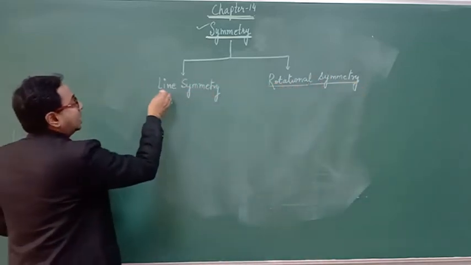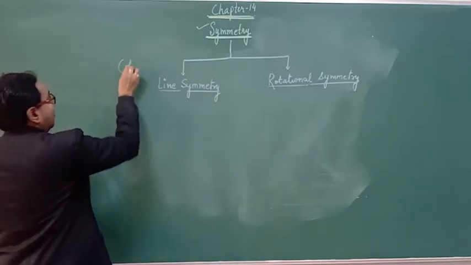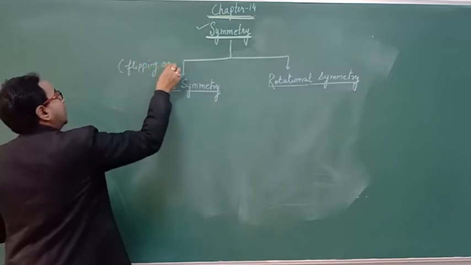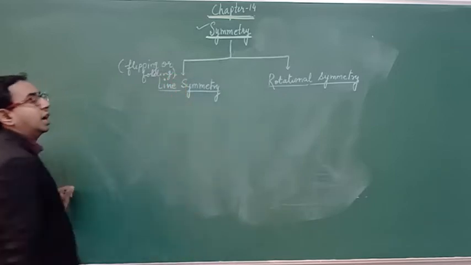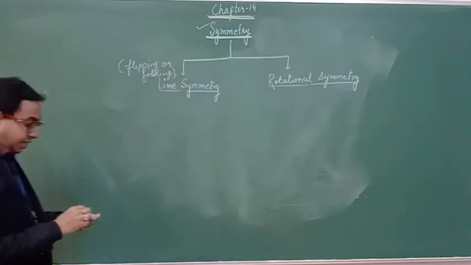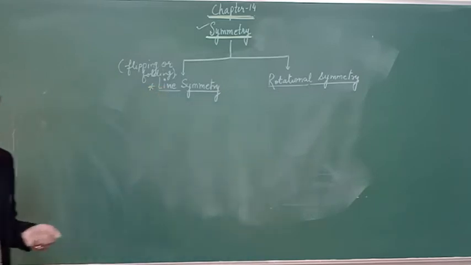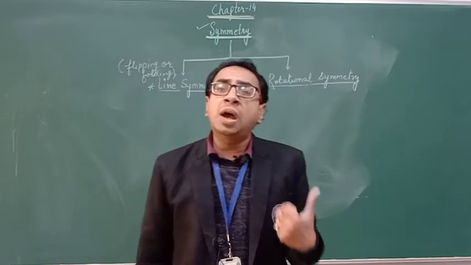When we talk about line symmetry, we do talk about two words, that is flipping or folding. Are we clear? Now, when we are talking about line symmetry, it means that to obtain a symmetry, we must require a line.